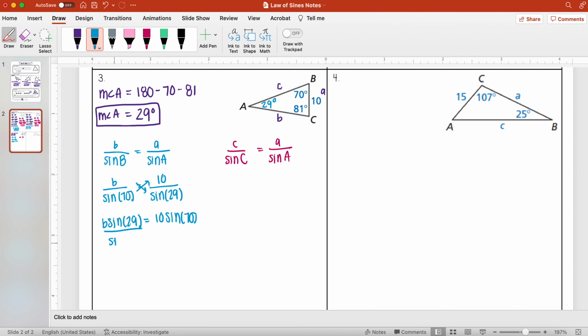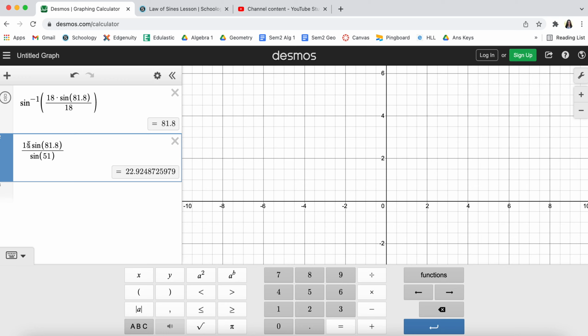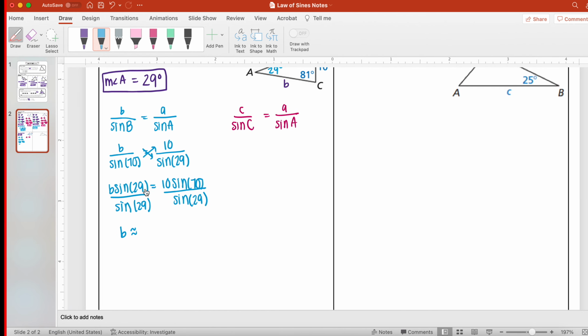And then I'm going to divide sine of 29 from both sides. And so here's where I need to go ahead and use Desmos. So I have 10 sine of 70 over sine of 29. And rounding to the nearest tenth, I get that this is approximately 19.4.